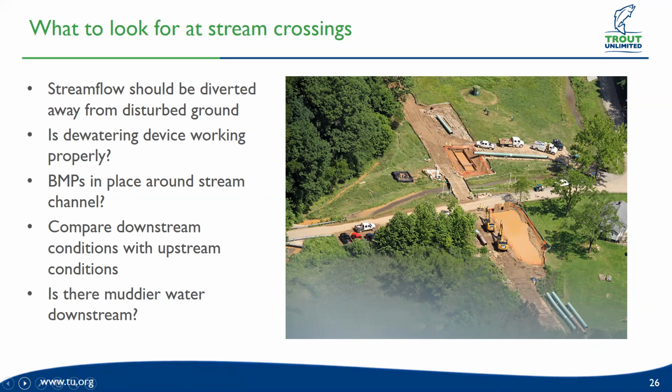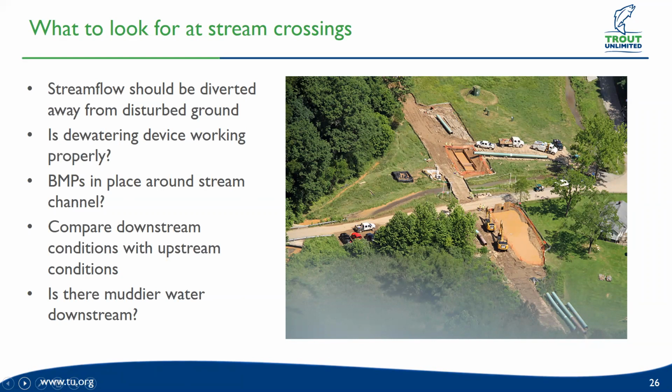So you can see in this photo, this is a photo from the Pipeline Air Force, and this is actually the Stonewall gathering line. And you can see that the dewatering device, they were doing some boring under the road and under that small stream, and the dewatering device failed.